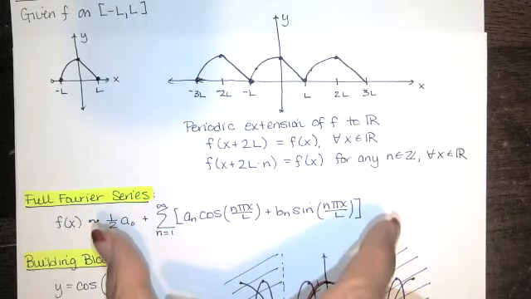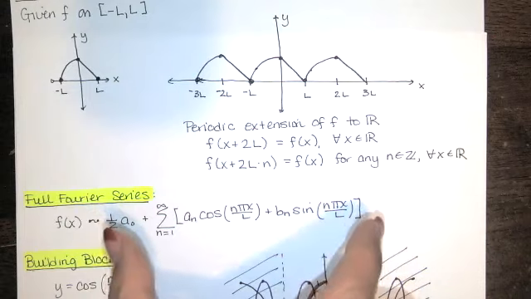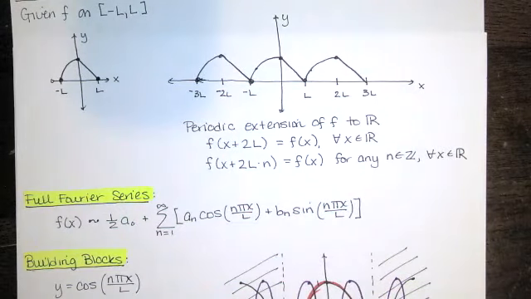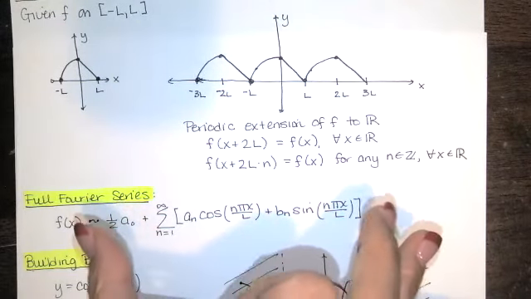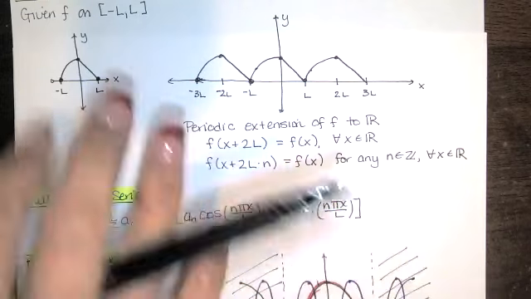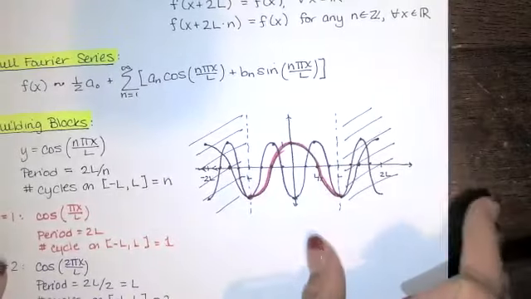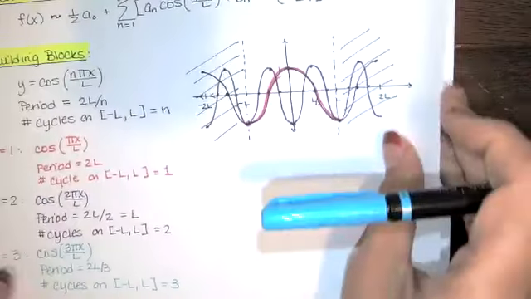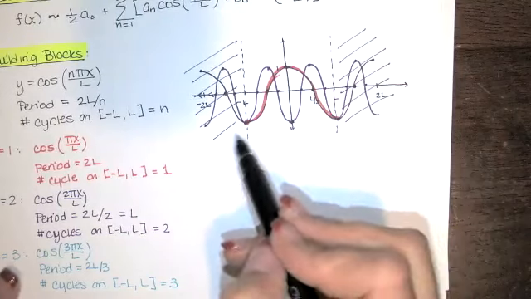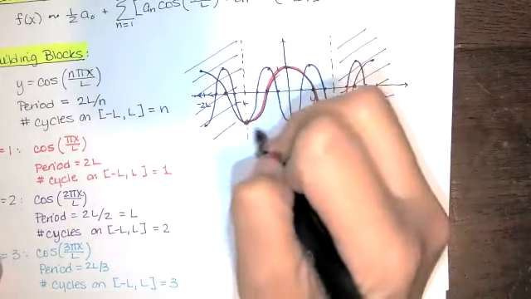Once I construct a series that looks like this, I'm interested in where that converges on the interval from -L to L and how the function that this converges to relates to the function that I started with. So I'll have 3 periods here.